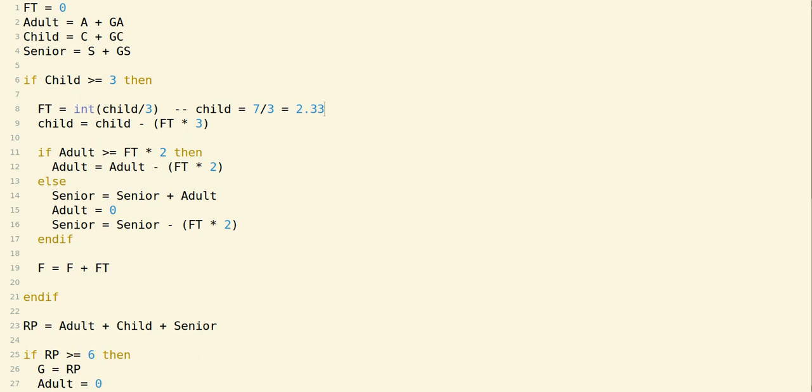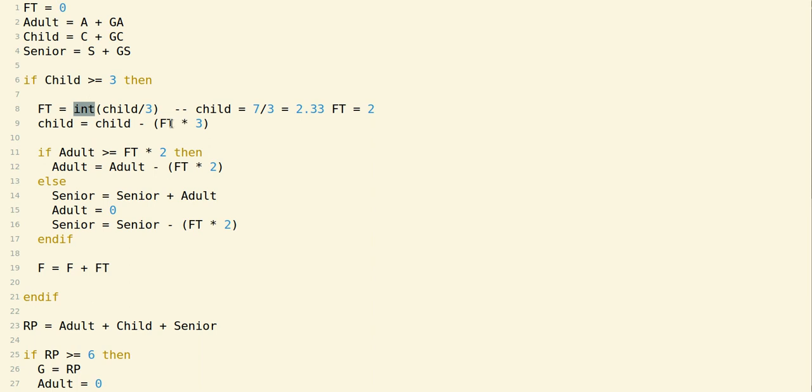So the 0.33 part is the remaining child value that has to be offered as single tickets, because we cannot form a family ticket for it. So the value of ft becomes 2, and the way it becomes 2 is because we have taken the integer part of it. So ft would become 2.